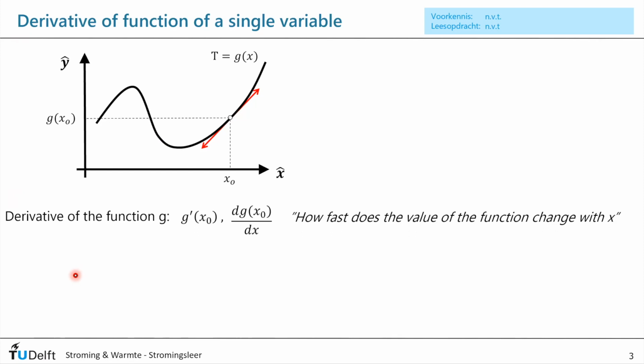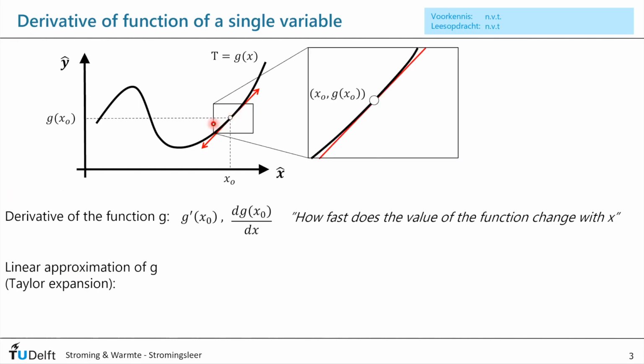Now, the value of the derivative is also very strongly linked to something else, which is the linear approximation of g. The linear approximation of a function simply means that if we look in the neighborhood of a point, for example here, then the value of the function, which is the black graph here, is almost the same as the linear approximation at the point x naught, which is the red line here.